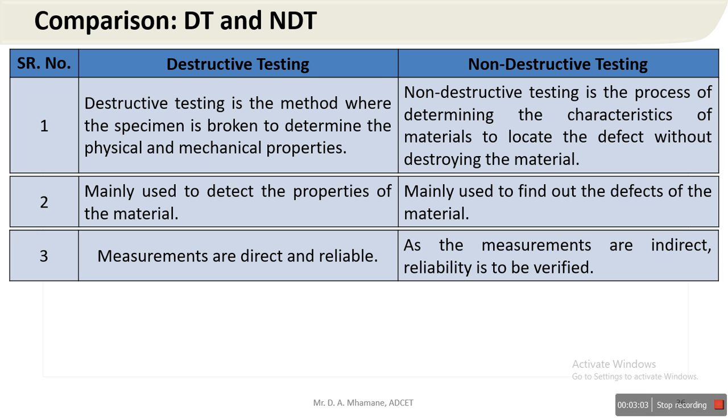Third comparison: in DT, measurements are direct and reliable. Means here we apply the load and here we get the value of property. This is a direct measurement and it is a reliable one. But in case of non-destructive testing, it is indirect and reliability is to be verified.